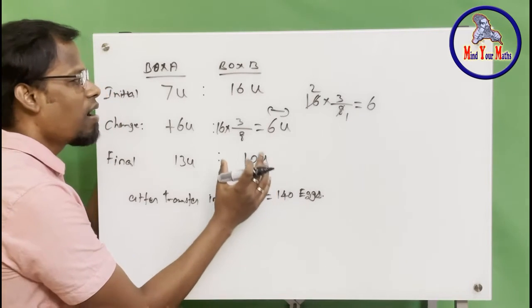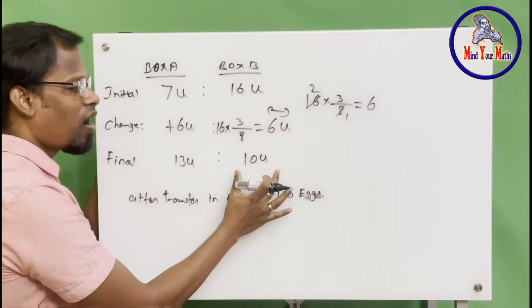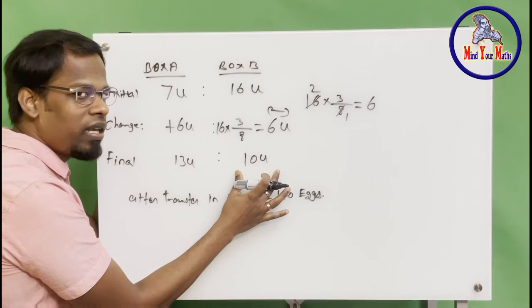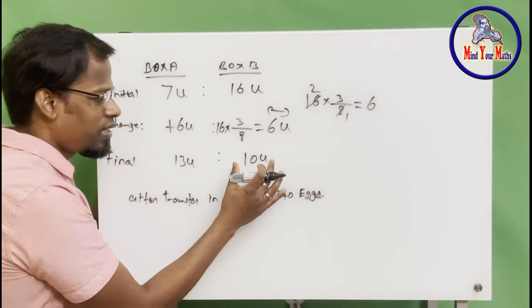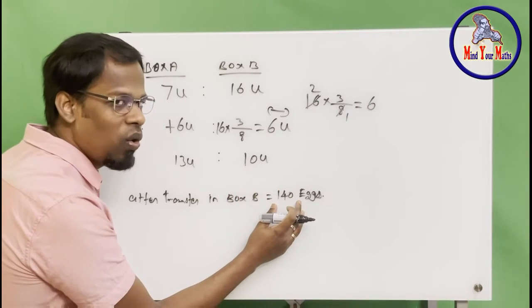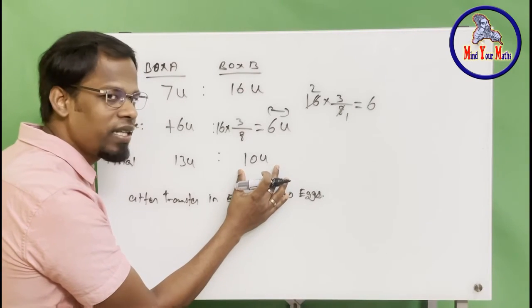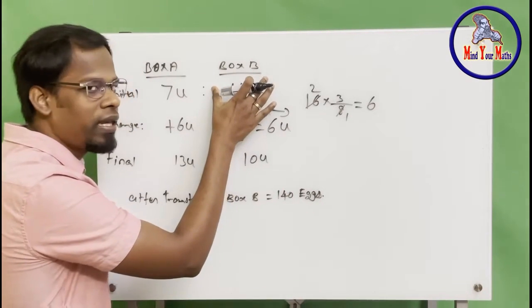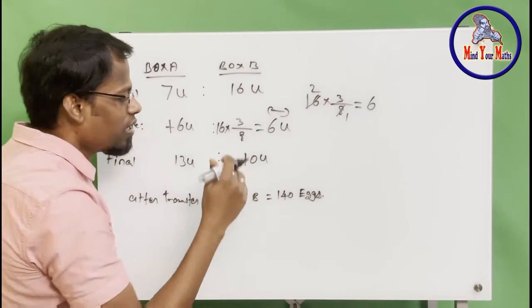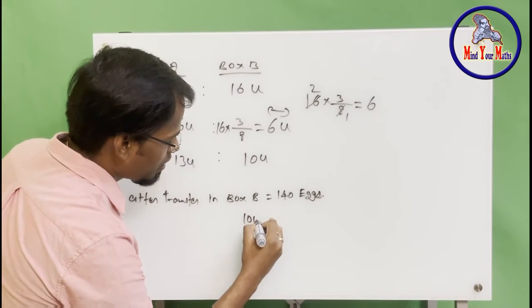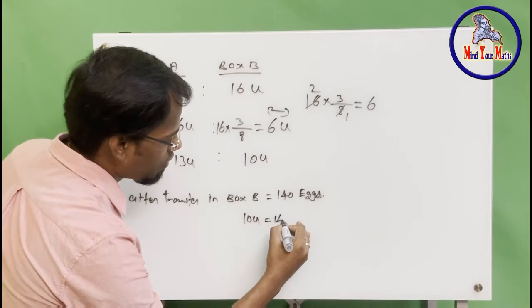After the transfer, how many units are there in box B? 10 units. What it means is that these 10 units are equal to 140 eggs, because that is what is left in box B at the end. So 10 units is equal to 140.